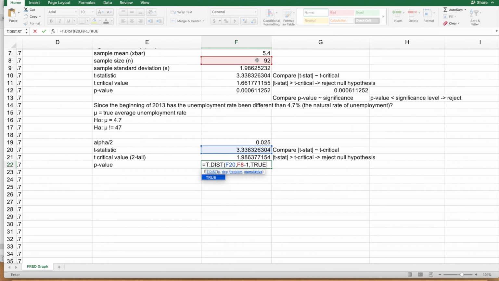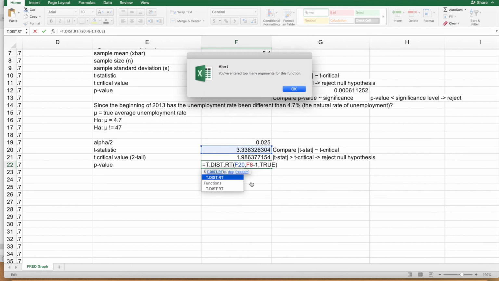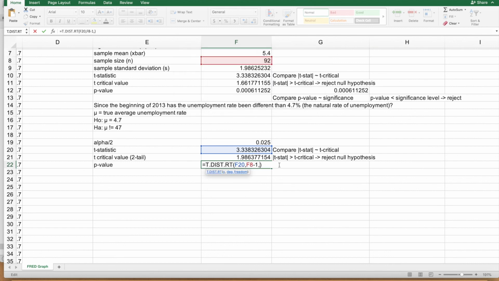True. This will give us the wrong one again because that's the too big of one, but we could do .RT, for example. Oh yeah, when you do .RT, it doesn't want the TRUE in there. It just skipped that part. It just assumes you want it.